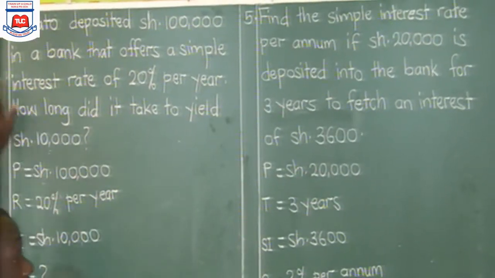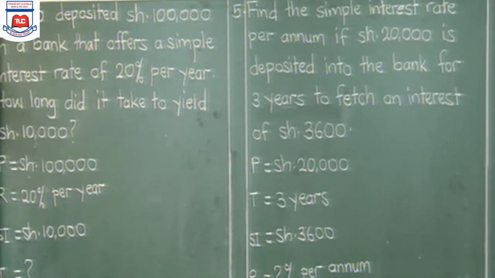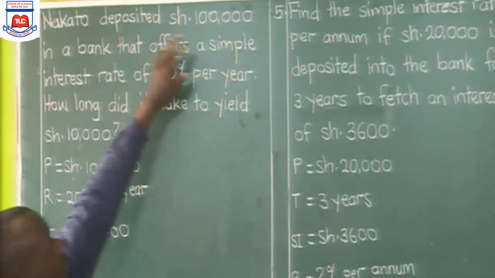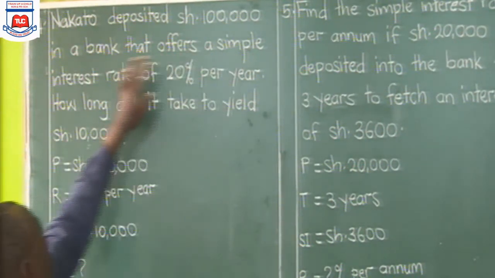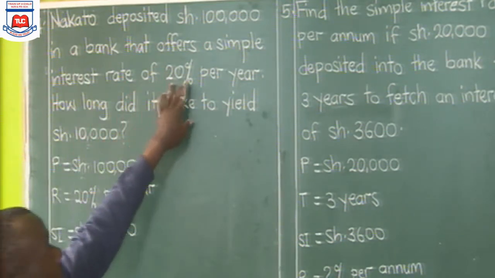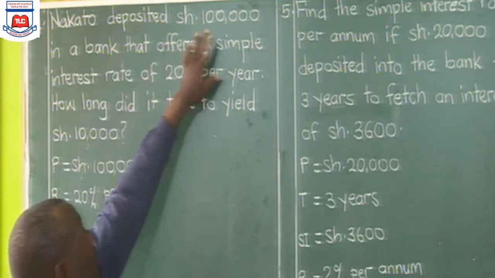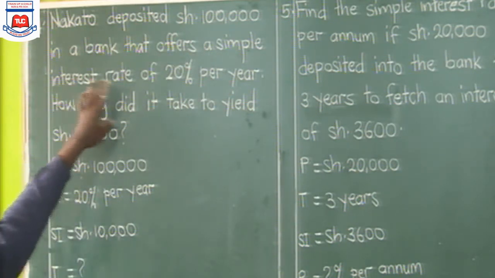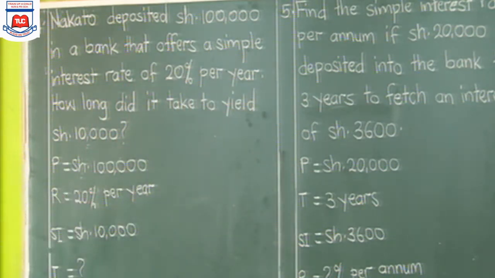Now we shall go to number 4. Number 4 states, Nakato deposited 100,000 shillings in a bank that offers a simple interest rate of 20% per year.